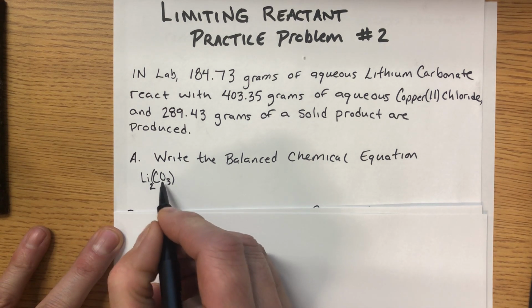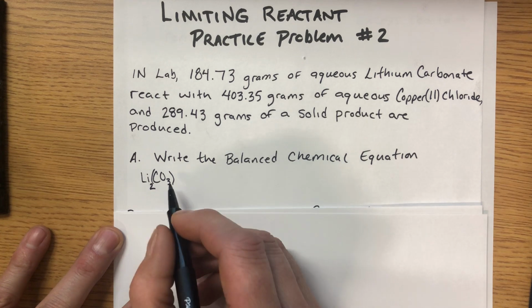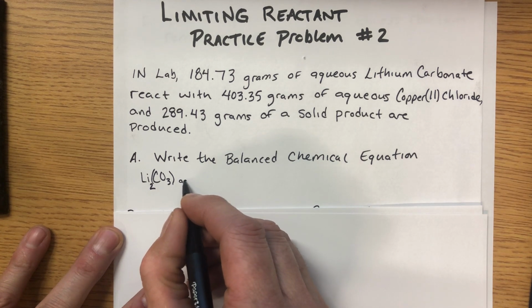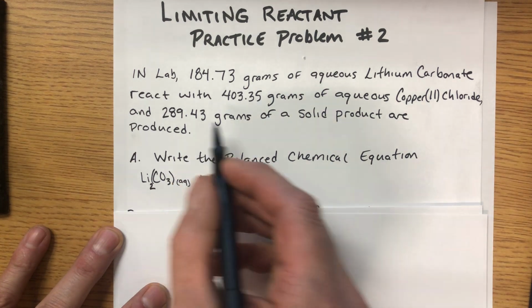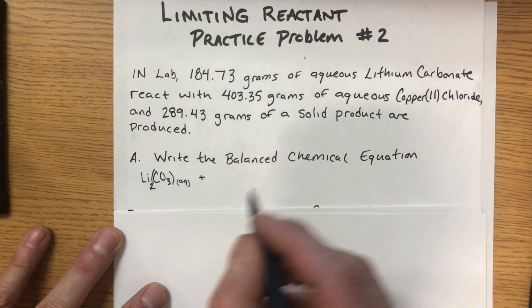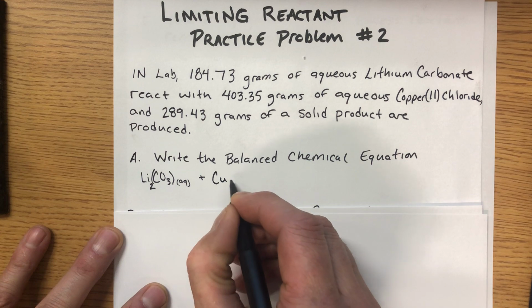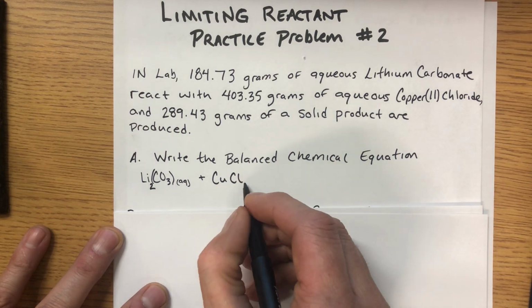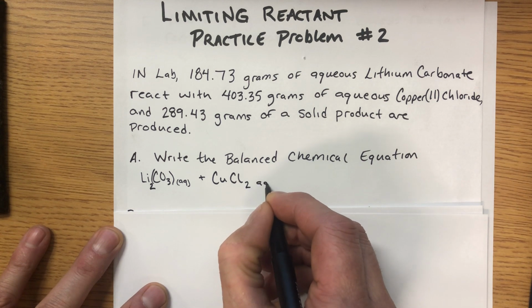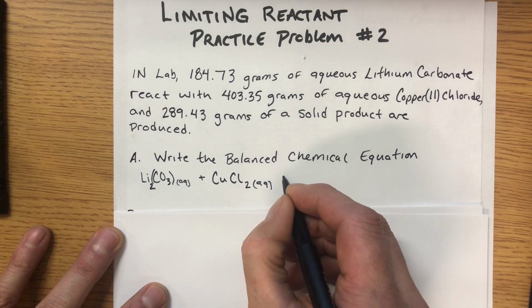It's a +1 to a -2 oxidation ratio, and that's an aqueous solution. Okay, we're going to react that with copper 2 chloride. So that's Cu and Cl. This is a +2 to -1 ratio, so we need a subscript 2 here, and that's also an aqueous solution.